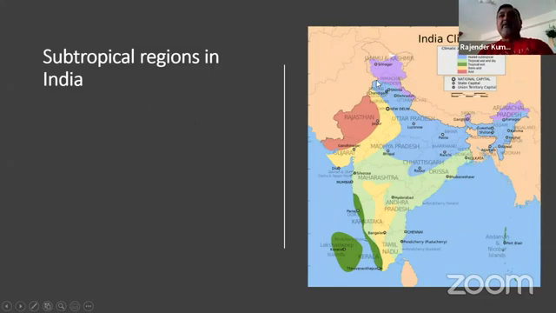So in India too, if you see this color here, starting from Jammu, Chandigarh, Simla, Dehradun, Lucknow, Bhopal, Raipur, Ranchi, Patna, Guwahati, Itanagar, this whole region we call subtropical region. It may be slightly temperate on the Himalaya side, but most of the plain area is subtropical.